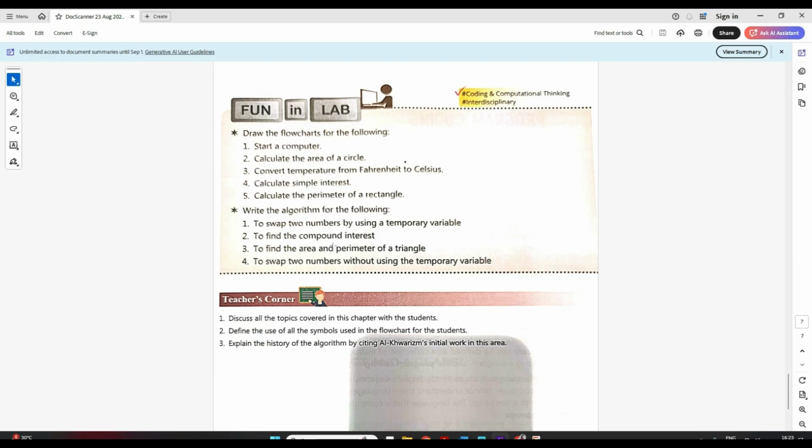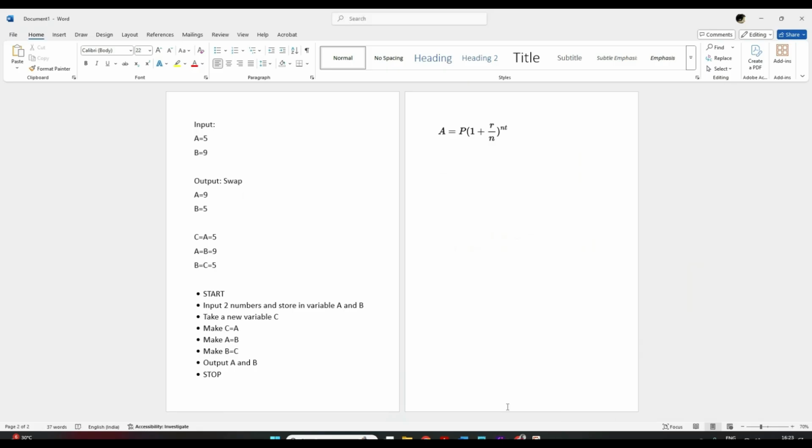Now what is the formula of compound interest? The formula of compound interest is amount minus principal, right? Now what is the amount? The formula of amount is, I have just written it here: principal into 1 plus R by N. R is the annual interest rate. N represents the compounding frequency, or the number of times interest is compounded in a year, okay?